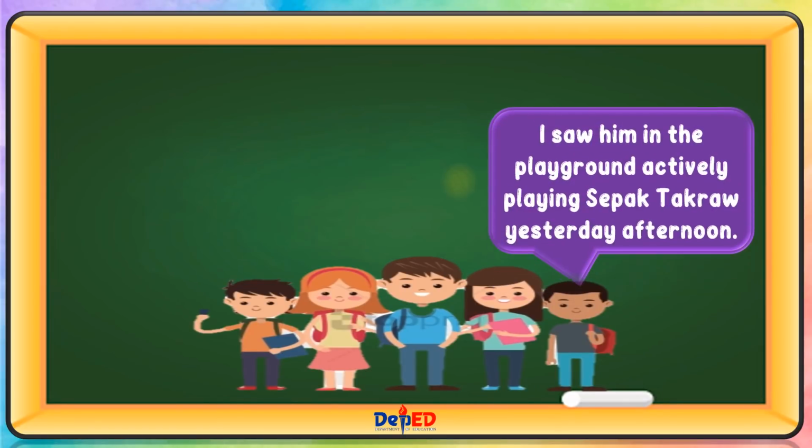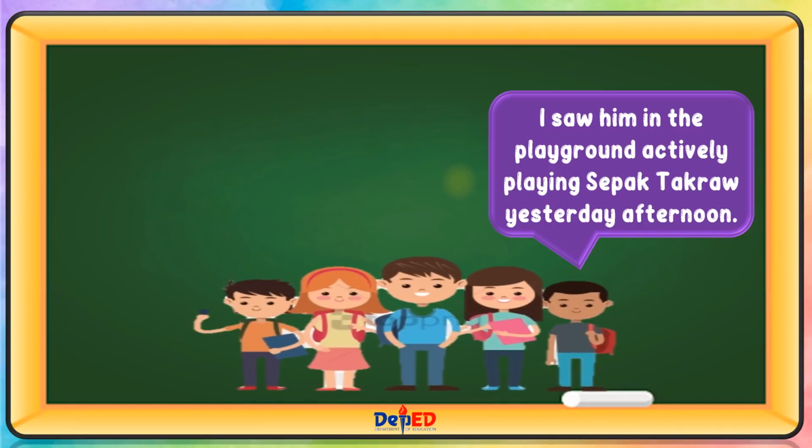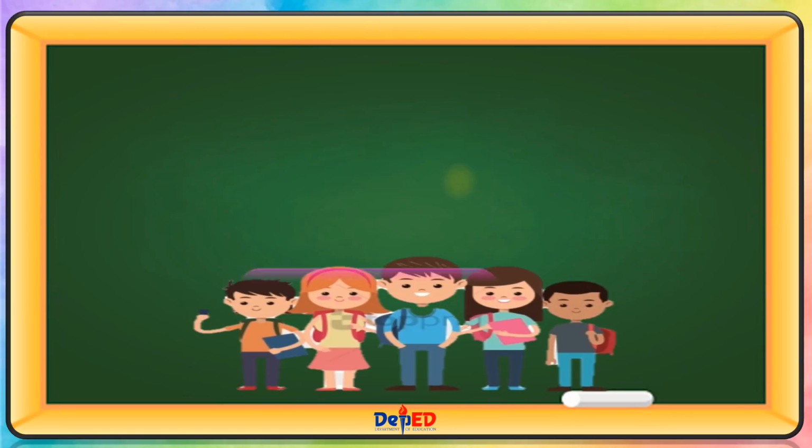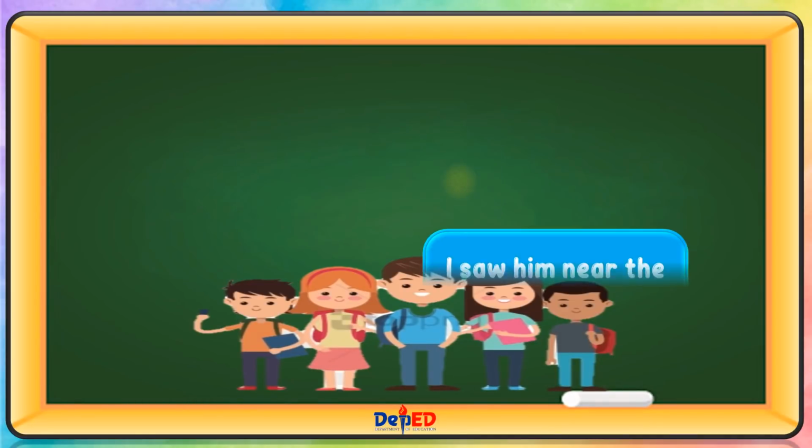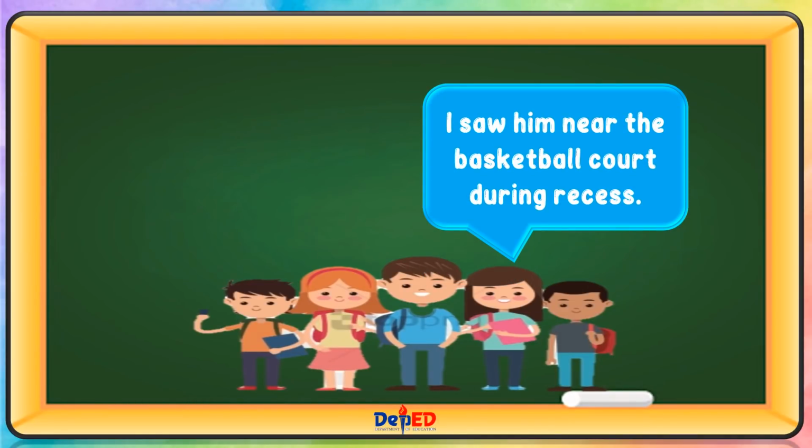I saw him in the playground actively playing sepak takraw yesterday afternoon. He quickly bought some cookies at the bakery this morning. I saw him near the basketball court during recess.